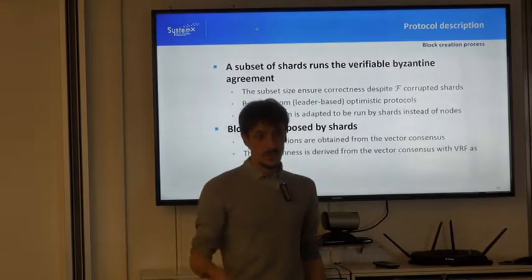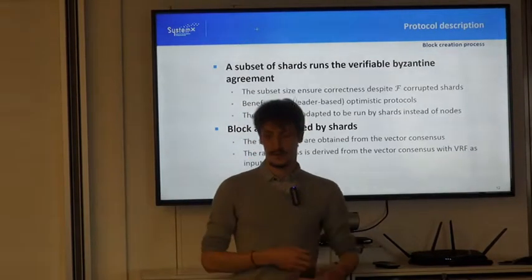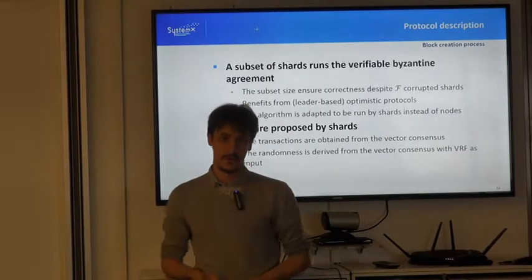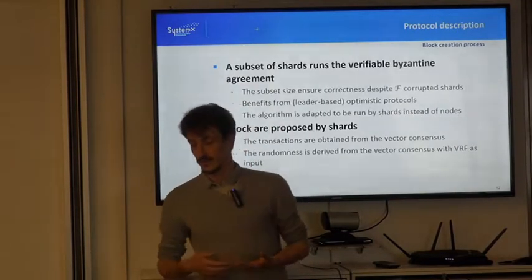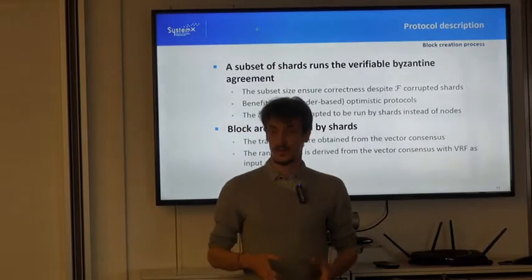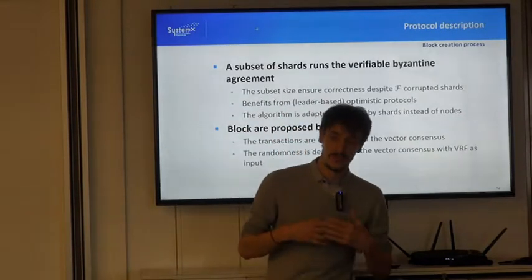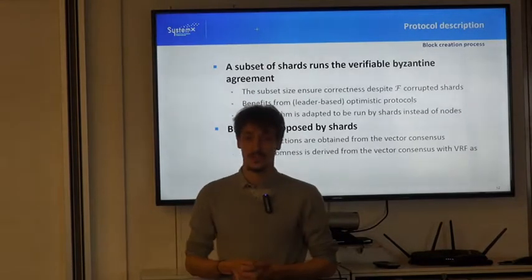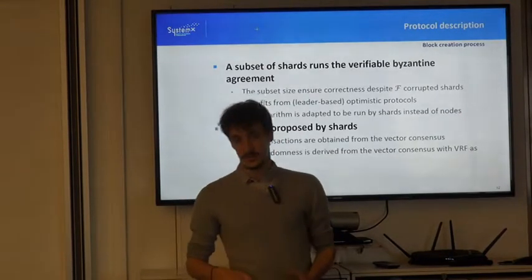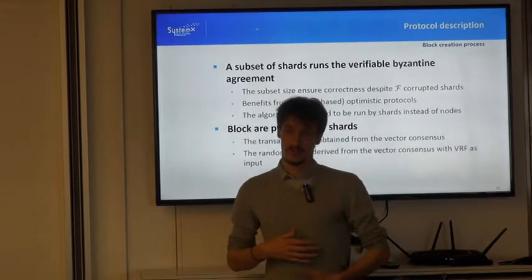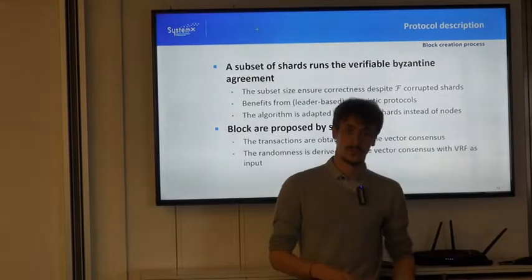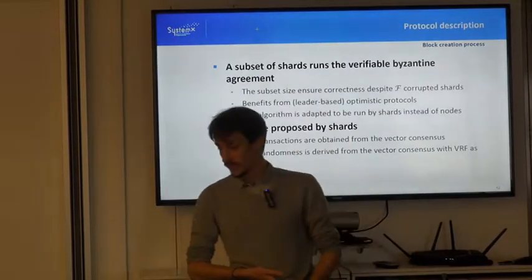Blocks are proposed by shards, and to do that, they have to actually generate the block. They do this with a procedure similar to the one we use to update the composition of shards: we run the vector consensus to get the final list of transactions that will be included in the block.